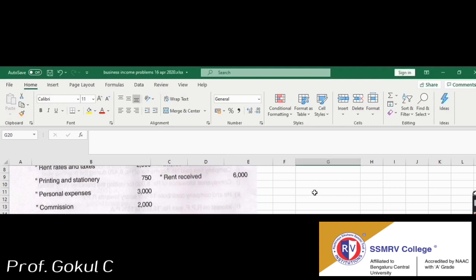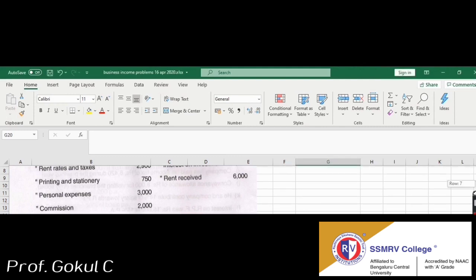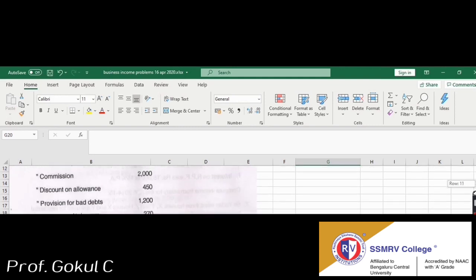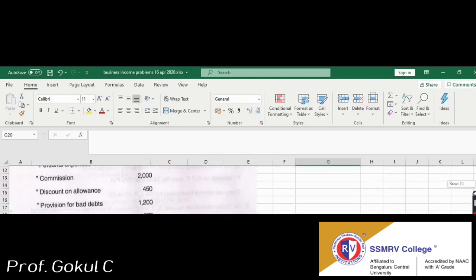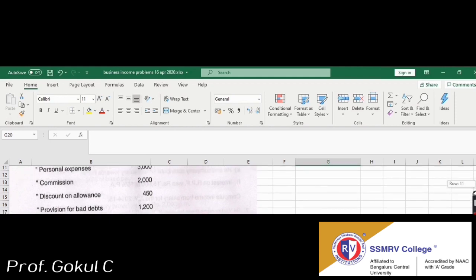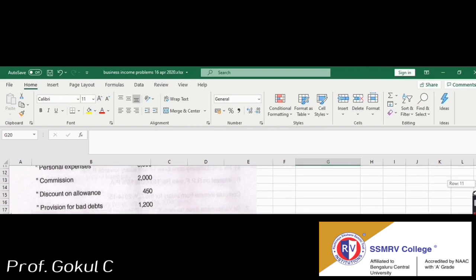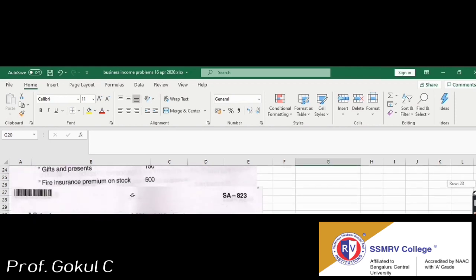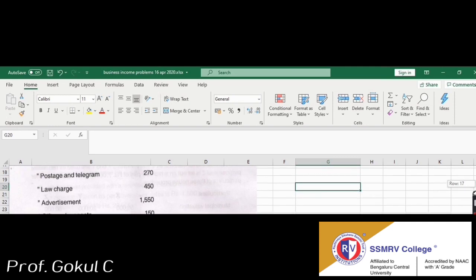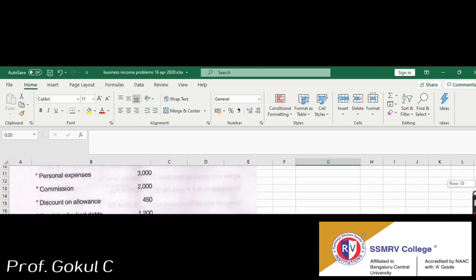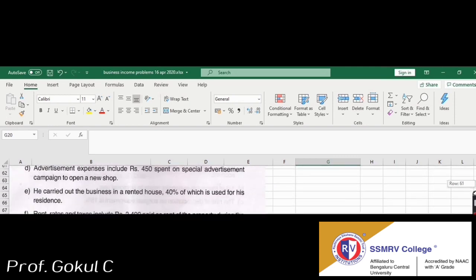Moving on, commission is pure business expenditure, it's allowed. And discount on allowance is 450 rupees, which is also a business loss, so that's okay. Provision for bad debts, any provision is inadmissible, so provision for bad debts to the extent of 1200 rupees has to be added back.